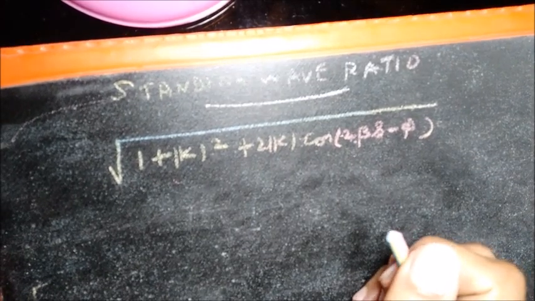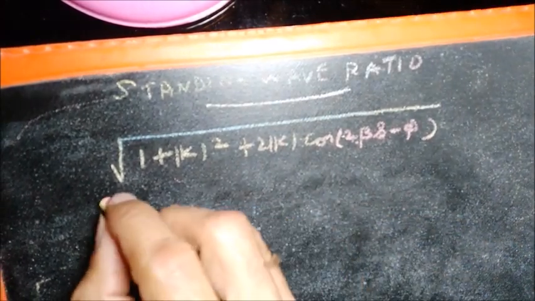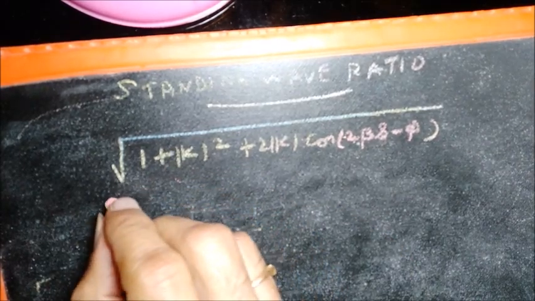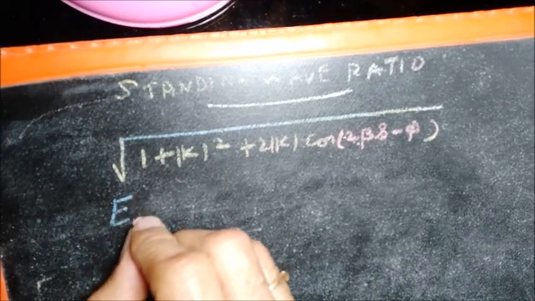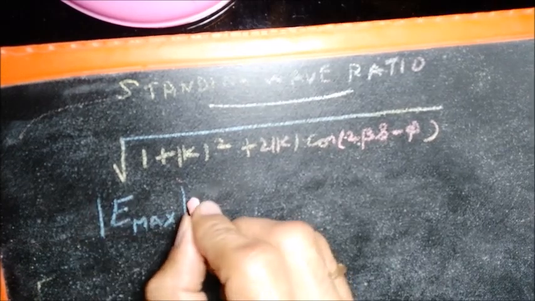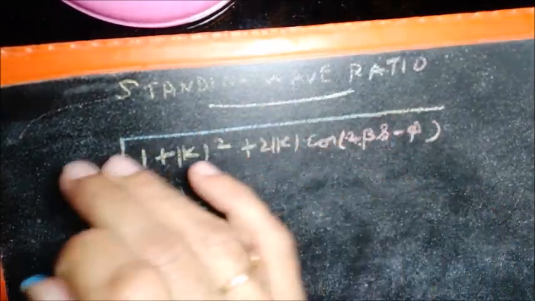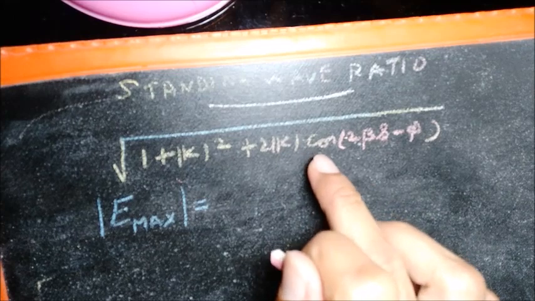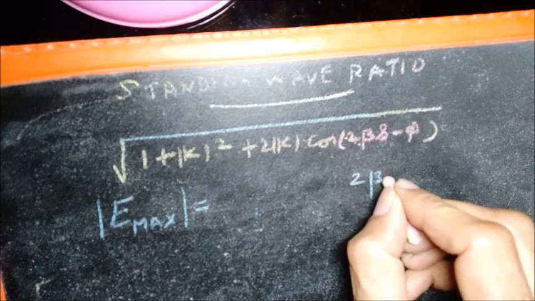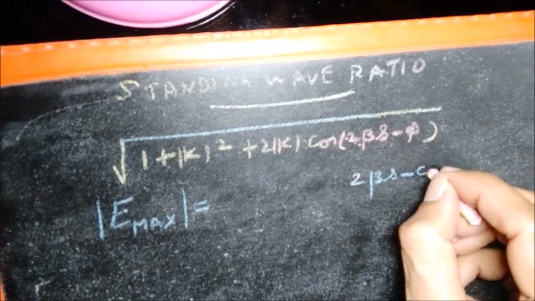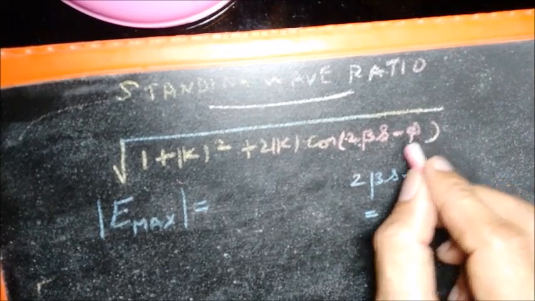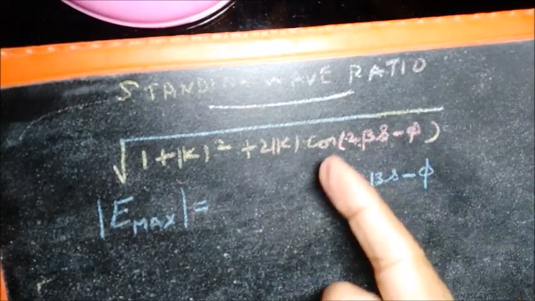What we observe is that this is the voltage amplitude. The maximum voltage amplitude occurs, because this is a function of s, when 2 beta s minus phi is equal to a value such that cos of that is equal to 1.